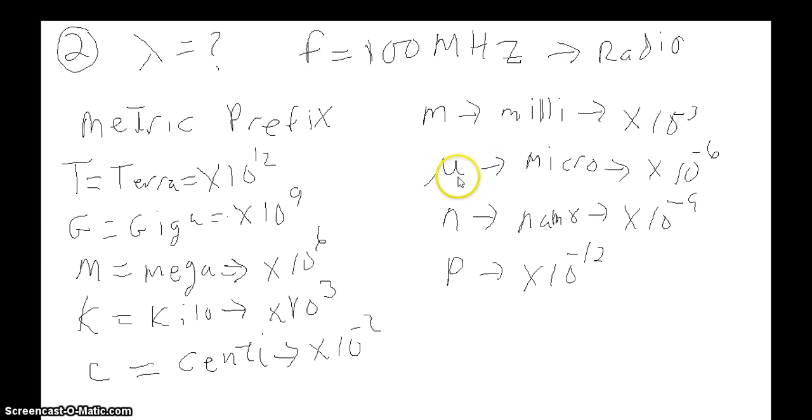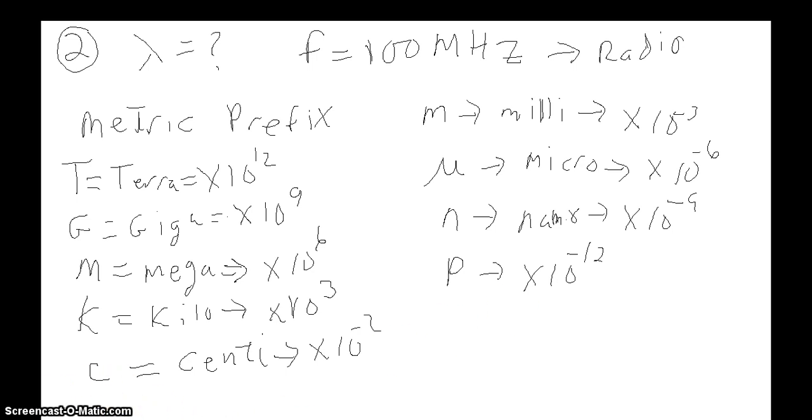Micro, the Greek letter mu, means times 10 to the minus 6th. Nano means times 10 to the minus 9th. You probably won't ever see pico in this class, but just for completeness, because we went from times 10 to the 12th, might as well go to times 10 to the minus 12th. By the way, there are other metric prefixes. Anyhow, pico stands for times 10 to the minus 12th.